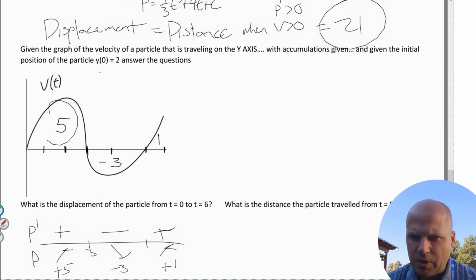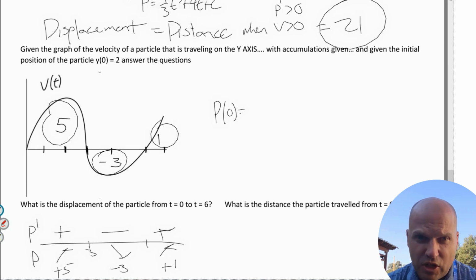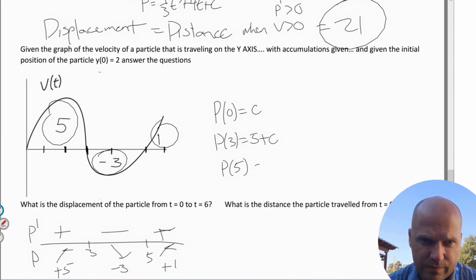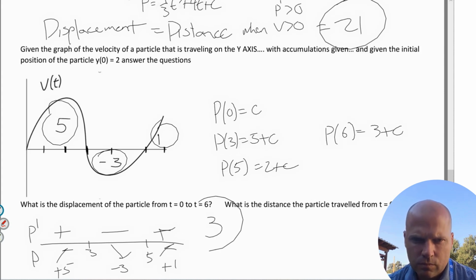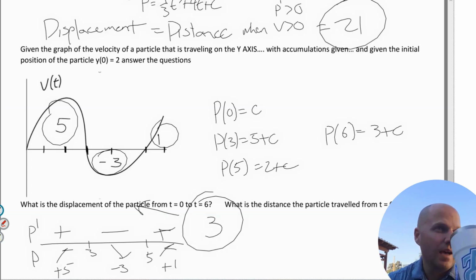Overall, you could add these up together, or you could consider your position at time 0 to be c, which means your position at time 3 would be 5 plus c, your position at time 5 would be 2 plus c, and your position at time 6 would be 3 plus c. Overall, 3 is my displacement at the end of the day. I ended up 3 to the right of where I started.